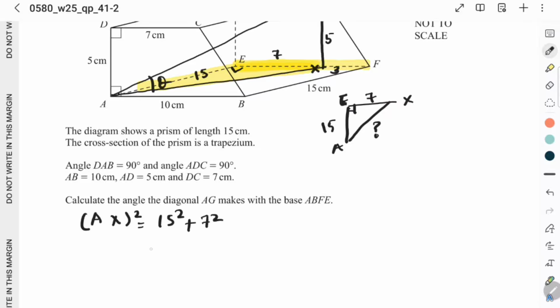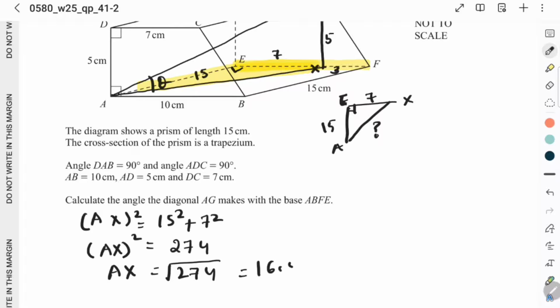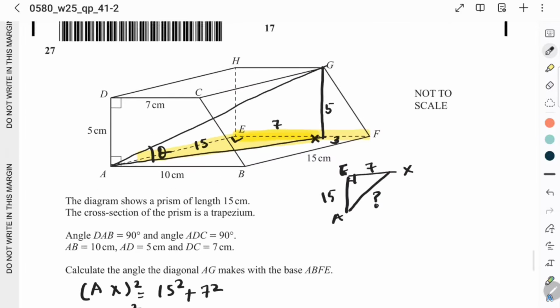AX square is 274 when you add 15 square and 7 square together. So take the square root. AX is equal to square root of 274, which is equal to 16.55. Easy now? So this is 16.55.